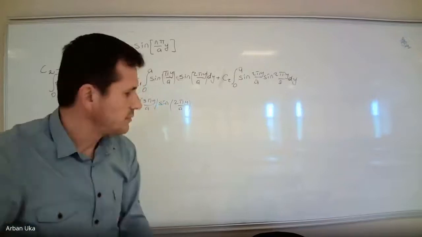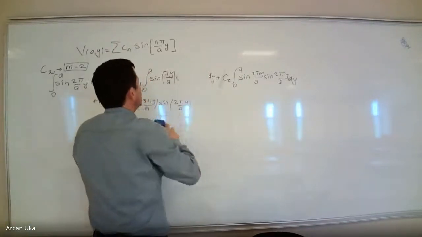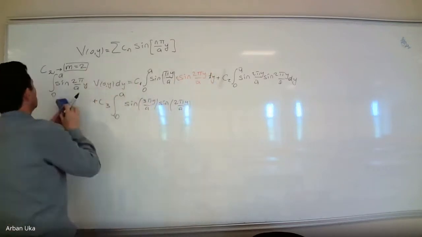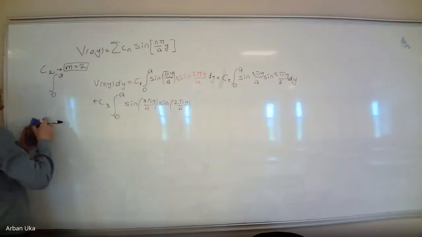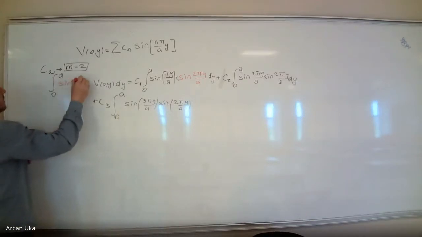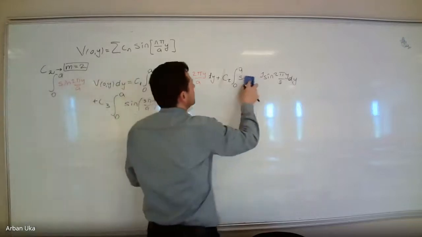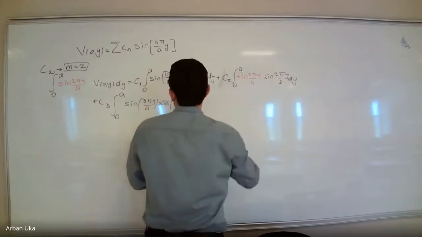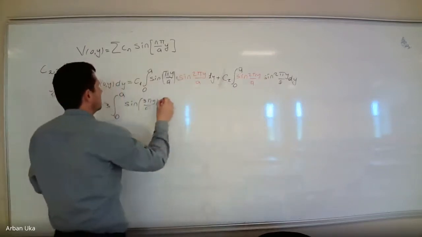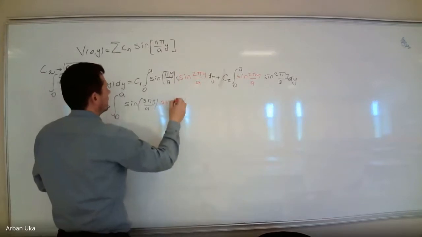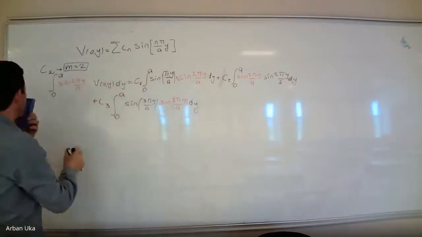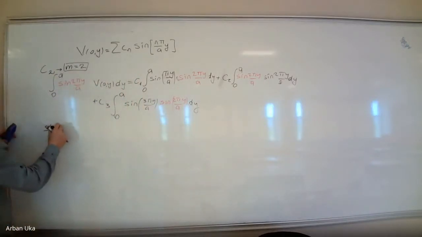Wait a second, because this might make 2 pi y over a, sine 2 pi y over a. Now, dy.